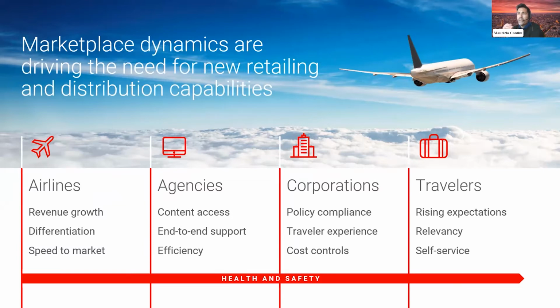And in the travel industry, for 50 years, an airline product was sold in a binary way. It was sold available or not available, 0 or 1. That doesn't work any longer for airlines. Airlines want to differentiate their products, want to show what their product looks like, and not only if it's available or not available. So this is key, and this is one of the drivers of NDC.